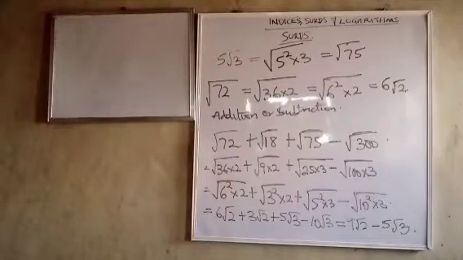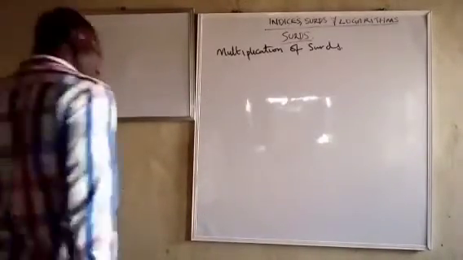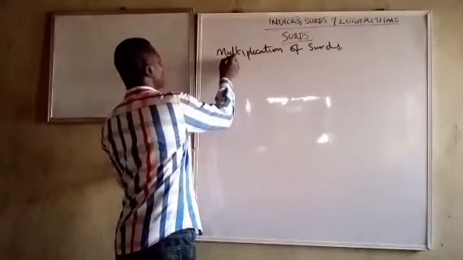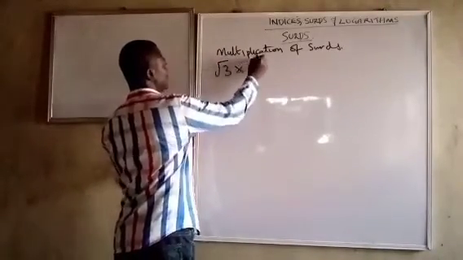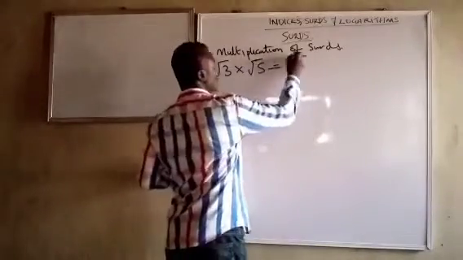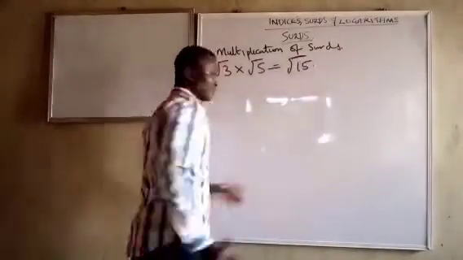Let's look at multiplication and division now. Now, if you have surds like this, root 3 times root 5, straight away is going to give us root of 15.